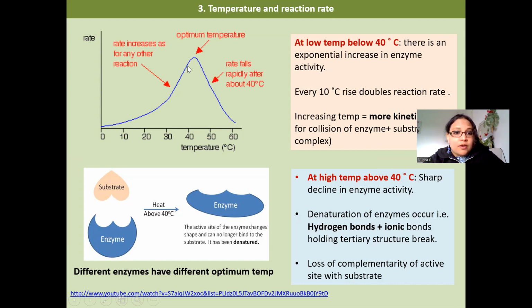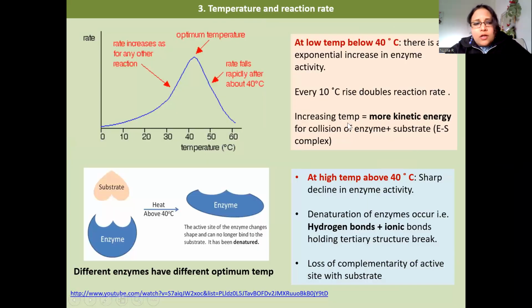There's 1, there's 2, and there's 3. So let's see. We start by saying at low temperatures below 40 degrees, there is an exponential increase in enzyme activity. Actually, every 10 degree rise will double the reaction rate.